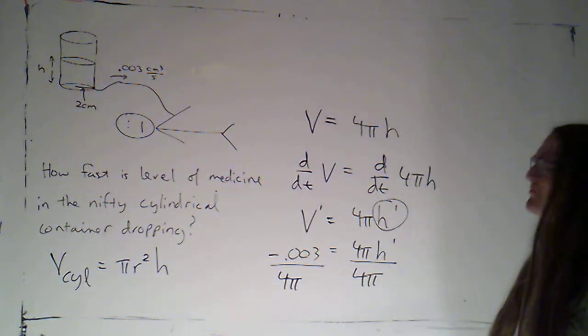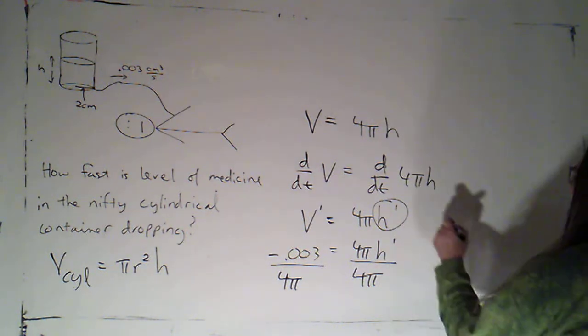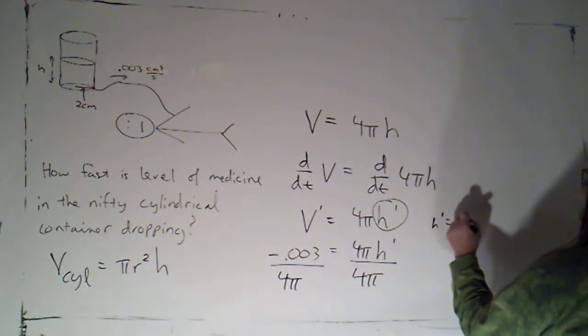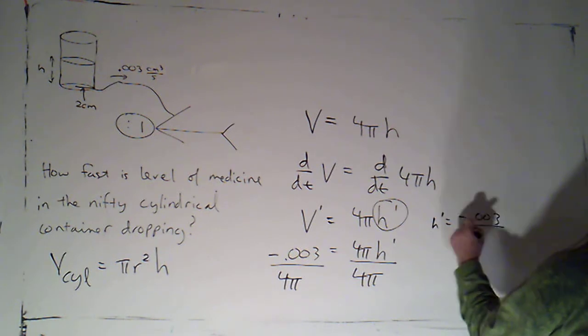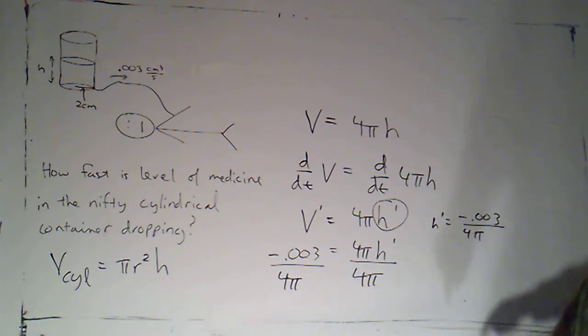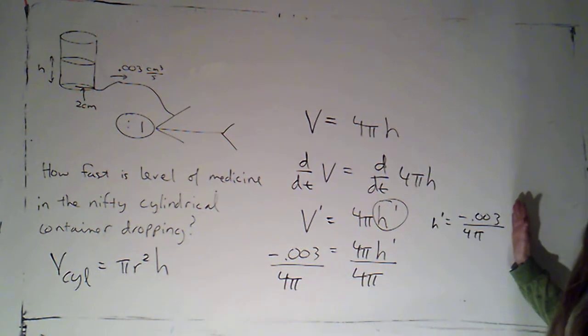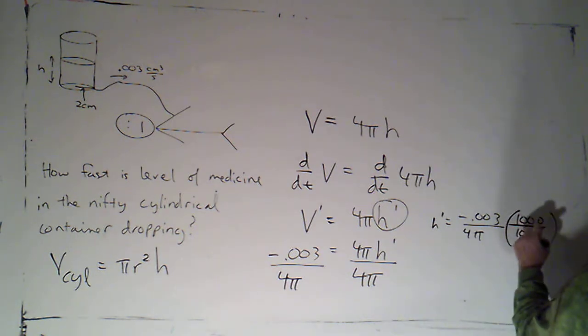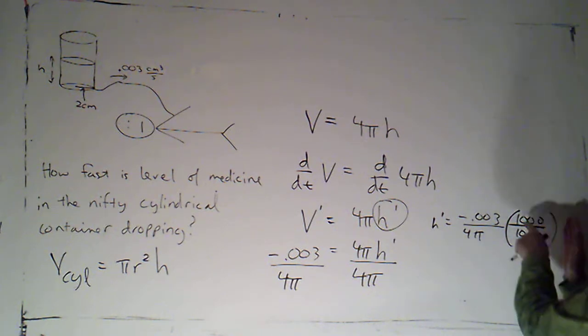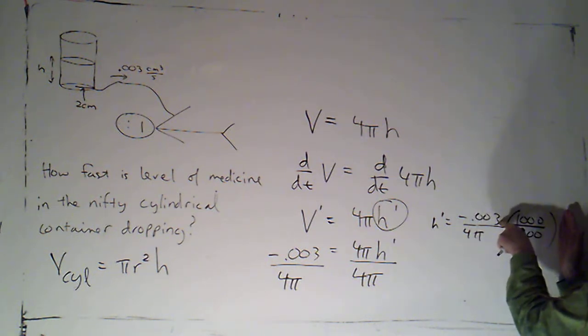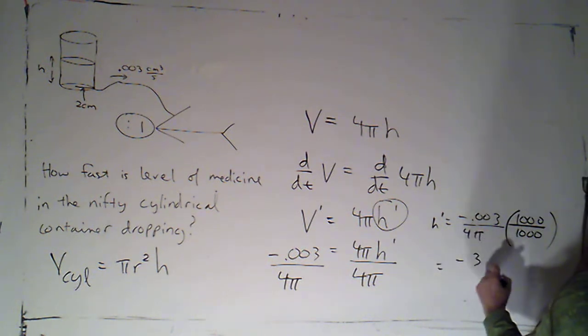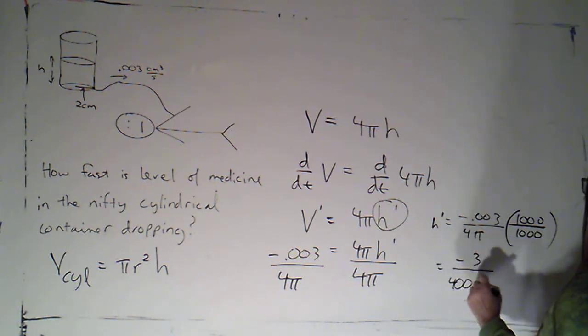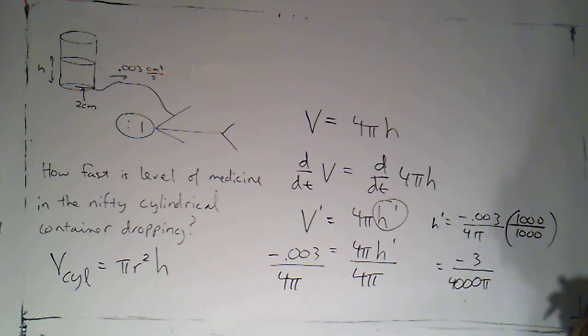So I've got H prime is negative 0.003 over 4 pi. I think the easiest thing is to just get rid of the decimal, and I'll do that by just multiplying by 1 in the form of 1,000 over 1,000. 3 zeros, that's going to move my decimal 3 places, so the top becomes negative 3, and then over 4,000 pi. Okay, so that's my derivative.